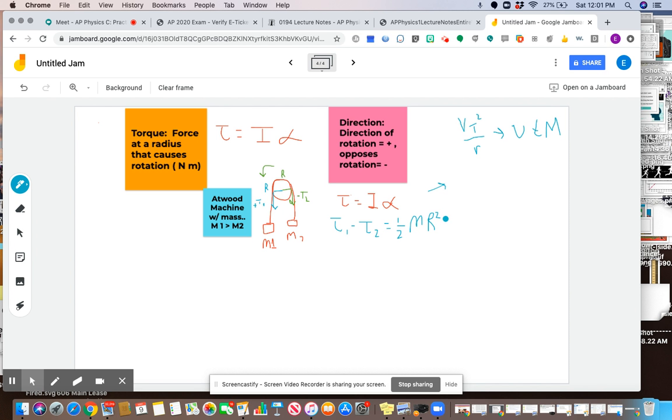Technically here, we relate alpha to our radius. Should use a capital R here. So you plug in a over R.